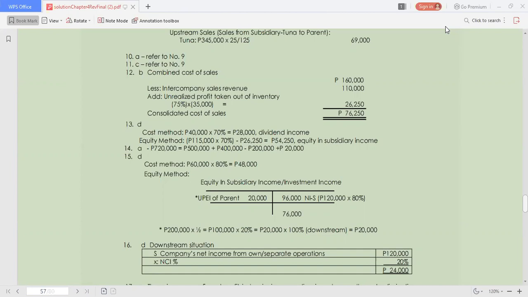So we have sales revenue, cost of goods sold, operating expenses, and now we have the separate incomes of the two companies, both DAC and Weasel.